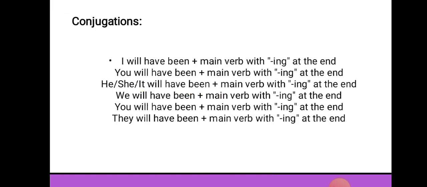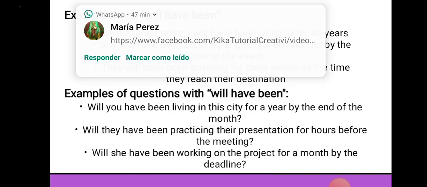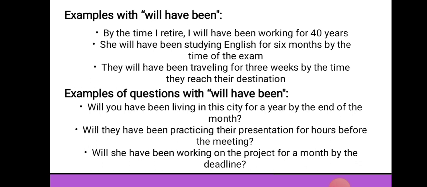Conjugation. The conjugation is the subject, the auxiliary verbs will, have, and been, and the main verb with ing. Example with will have been.